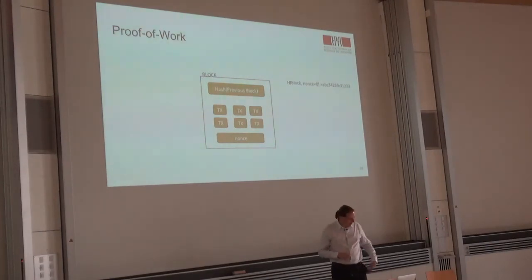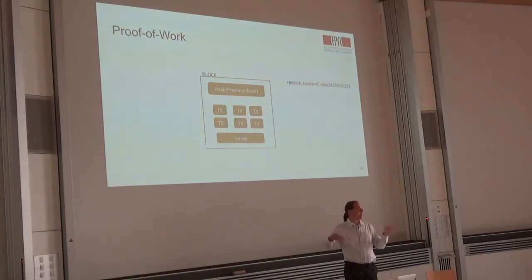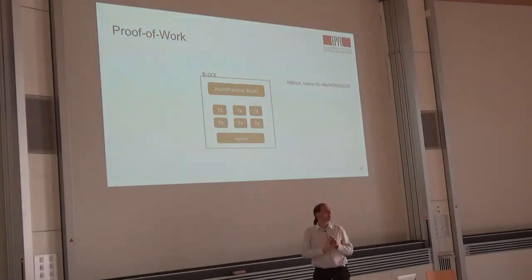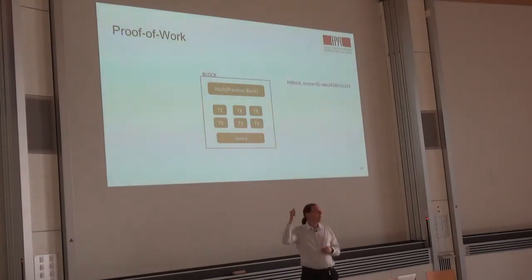So a miner is any node who cares to try to formulate a block of transactions. A miner sits on the network, collects proposed transactions from Alice and Bob, and anybody who wants to propose transactions, collects a bunch of transactions into a block, adds a nonce. That's just a value that starts at 0 or 1 and increments.